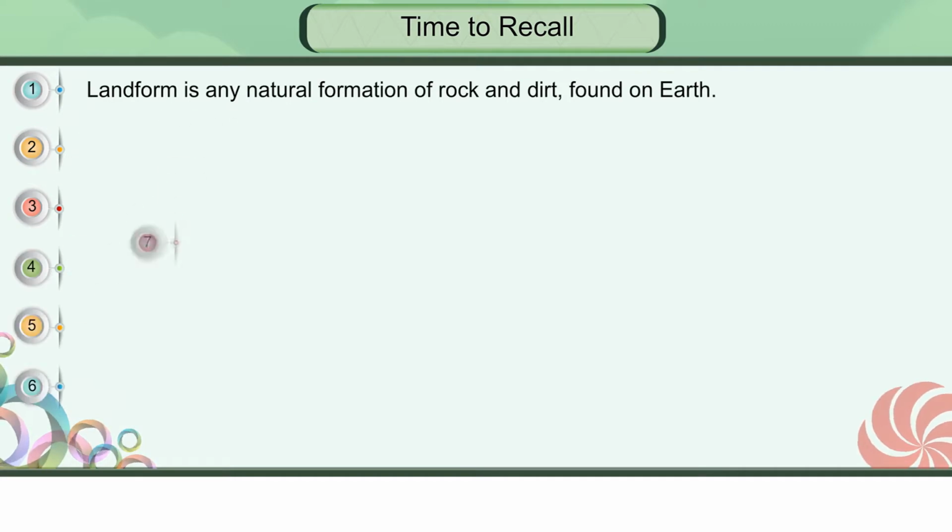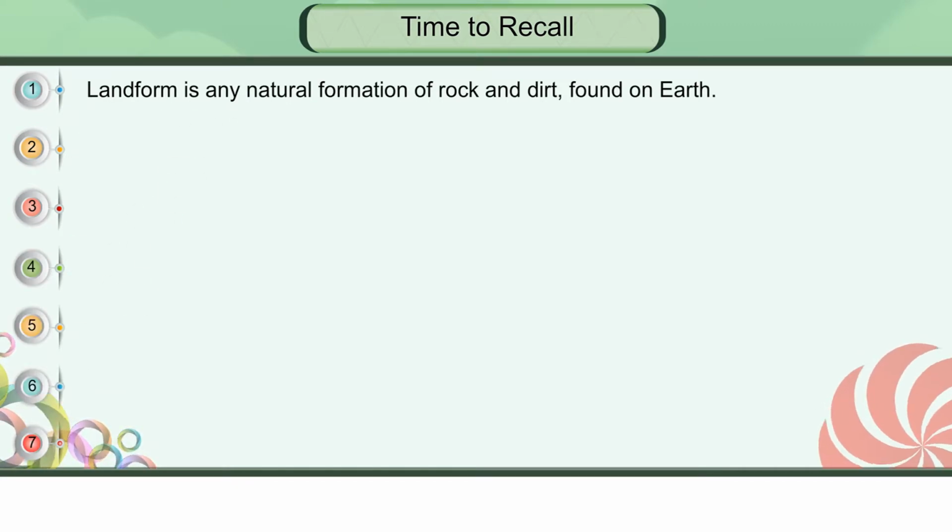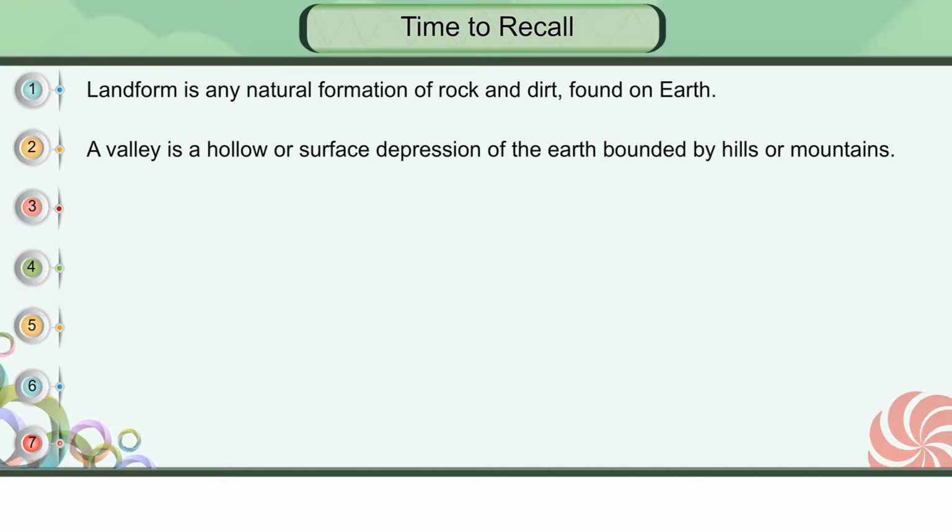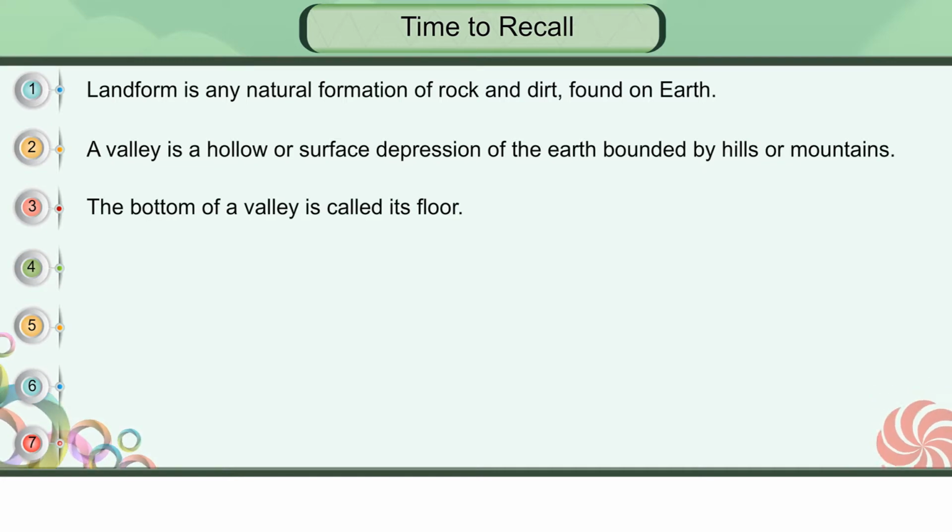Time to recall. Landform is any natural formation of rock and dirt found on earth. A valley is a hollow or surface depression of the earth bounded by hills or mountains. The bottom of a valley is called its floor.